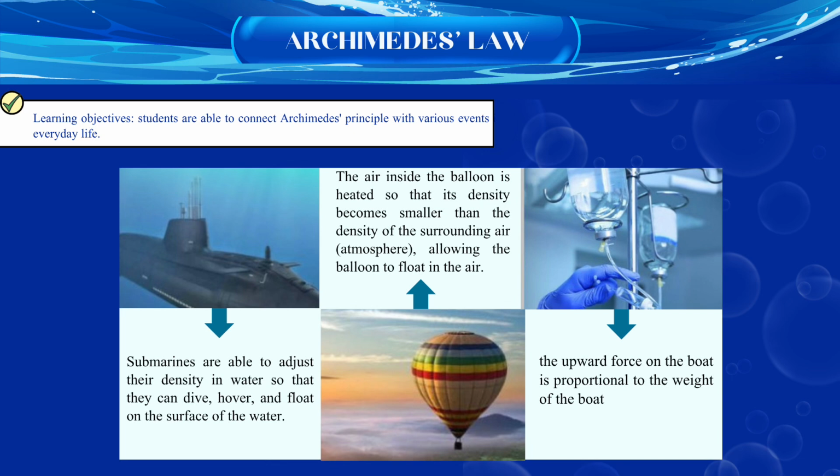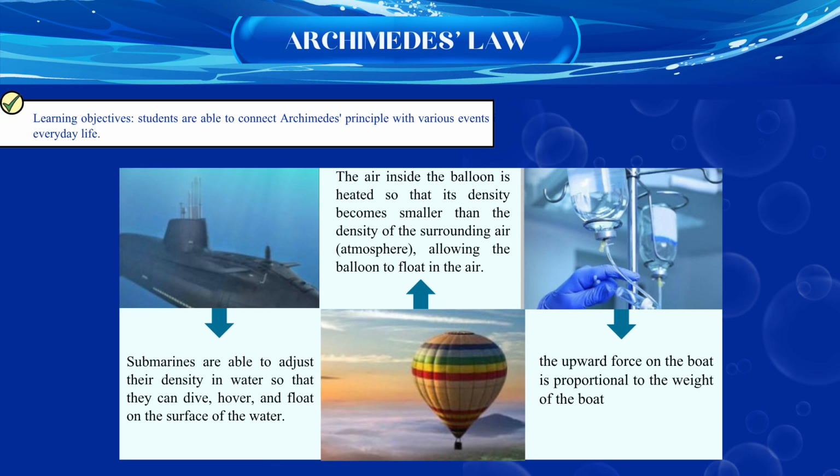When the water is expelled and replaced with air, the density decreases and the submarine rises back to the surface. This mechanism allows submarines to dive, hover, and float as needed, all by controlling density.